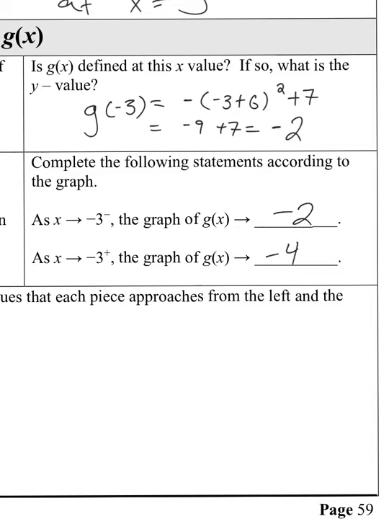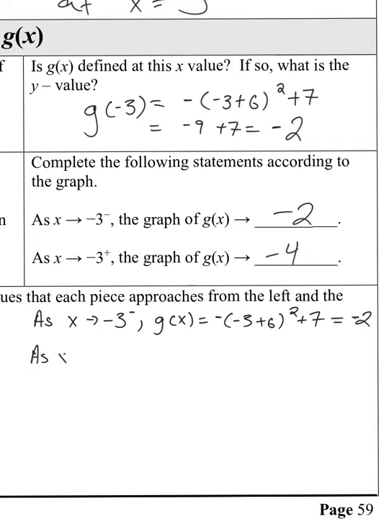-4. Okay? So what that means is, it asks us, using the equations of g of x, determine the y values that each piece approaches from the left and the right of x equals -3. So as x approaches -3 to the left, g of x is -3 plus 6 squared plus 7, and we found that to be -2.